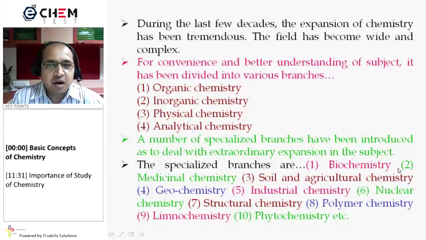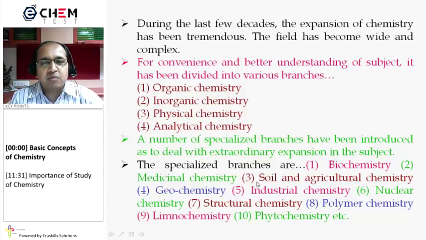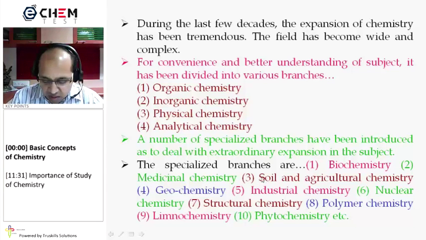Biochemistry deals with biomolecules, all molecules of living organisms present in plants and animals. The study of lipids, proteins, fats, carbohydrates, all that comes under biochemistry. In the same way, medicinal chemistry is the interaction of different medicines and drugs with our body.